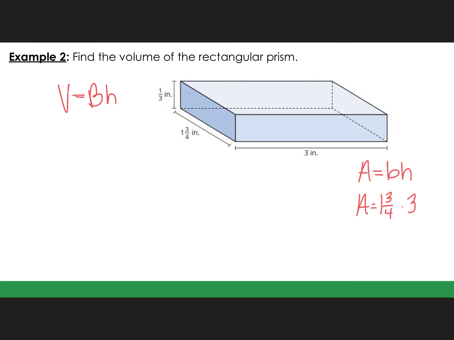If I'm going to multiply a mixed number, I have to change it back. So 1 times 4 plus 3 all over 4 times 3, put it over 1 because it's a whole number. And I end up with 21/4. And that also equals my big B.